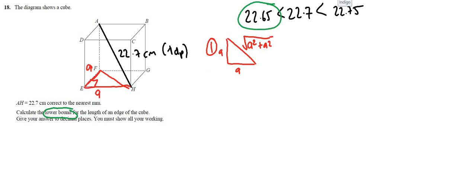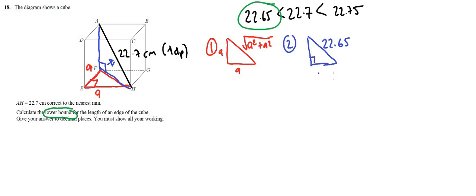Now I'm going to put a vertical triangle on top of that base. That's my second part. I know that the hypotenuse, because that's opposite my right angle, is the lower bound, 22.65.